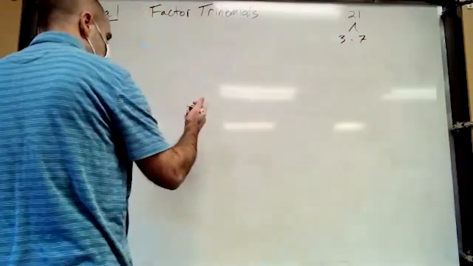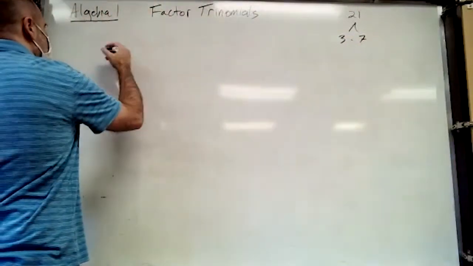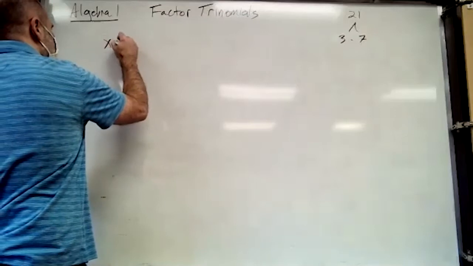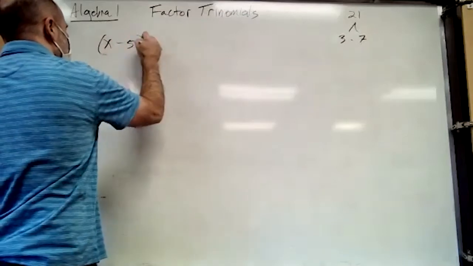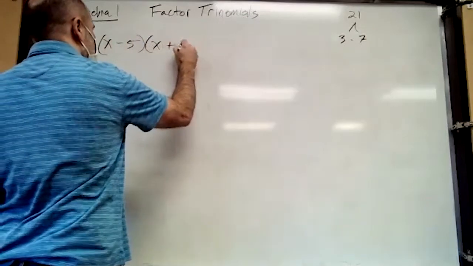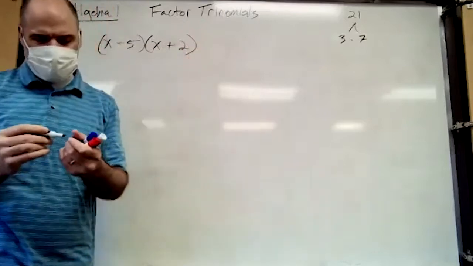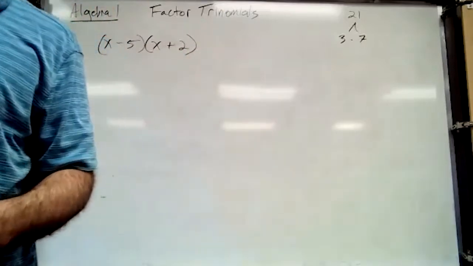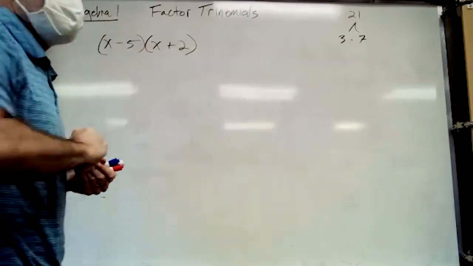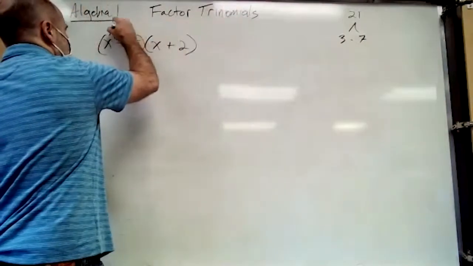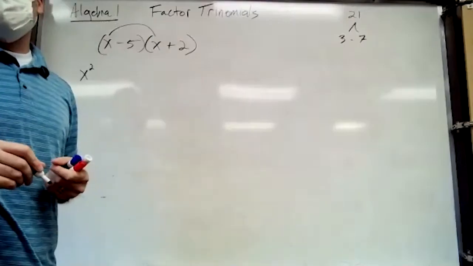So let's do a little bit of review. Let's say we've got x minus 5, x plus 2. So how do we multiply these two together? What do we do? Yeah, FOIL. So that one is x squared. That's usually the easiest one, right?